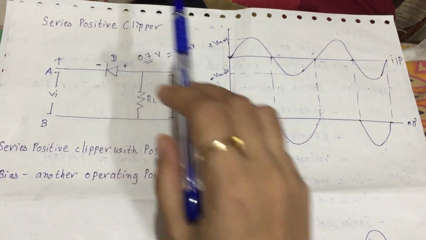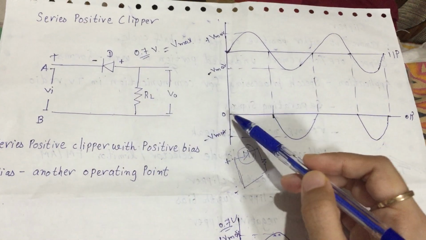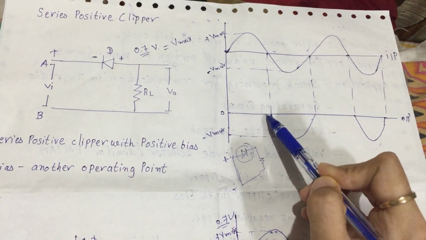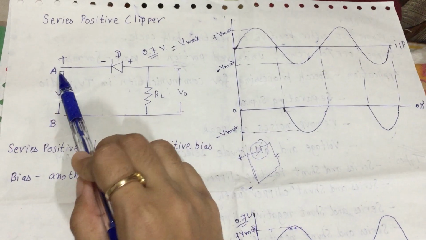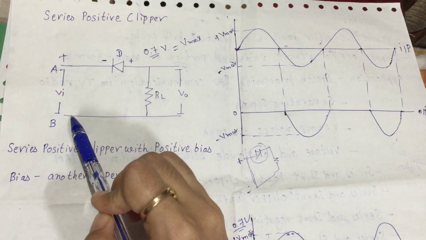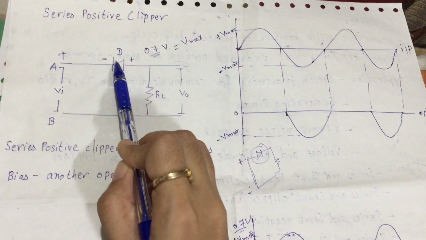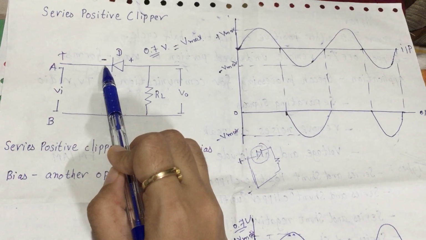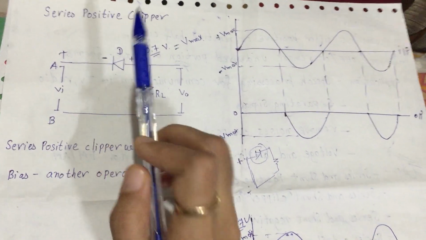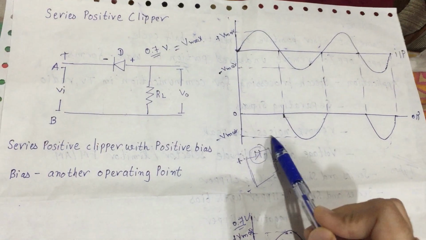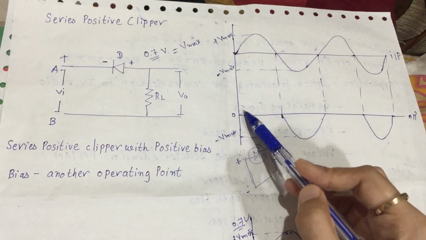This is called a positive clipper because we cut or remove the positive half cycle. When A is positive with respect to B, the positive terminal connects to the cathode side of the diode, which is in reverse bias. That's why we are not getting any wave.